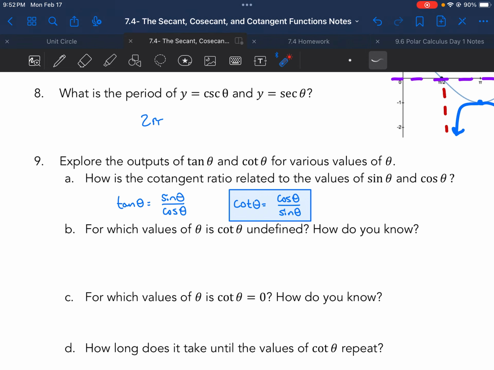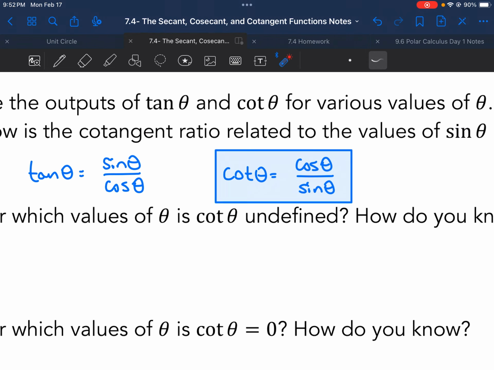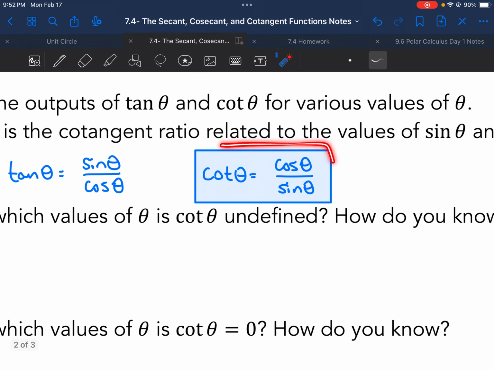For which values of theta is cotangent of theta undefined? Well, if cotangent is cosine divided by sine, cotangent is undefined whenever sine of theta is 0, because that's in the bottom. If sine of theta is 0, if the bottom is 0, then cotangent of theta would be undefined.